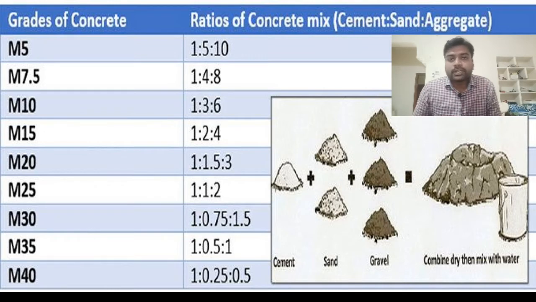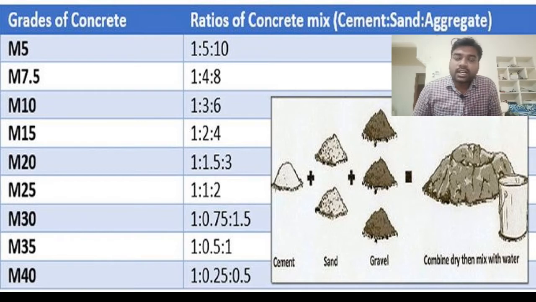So you need to take care of the water mixing while preparing the concrete. So this is how we take the grade of concrete and the mix proportion. You can see this on the screen.